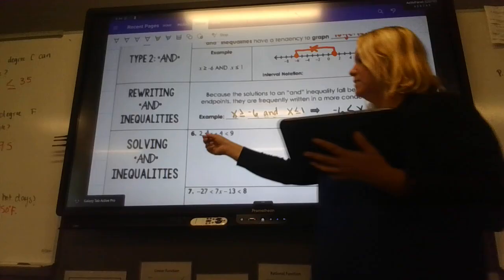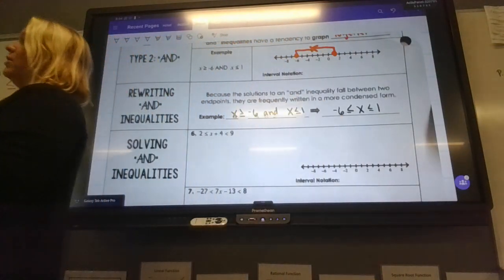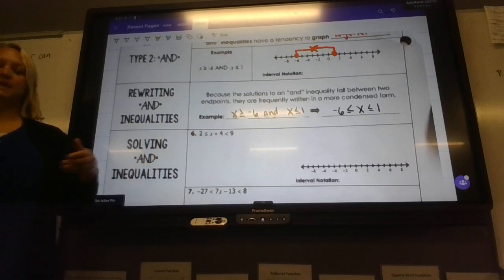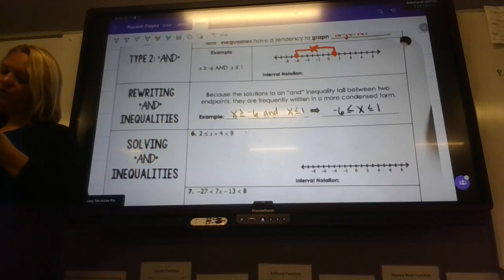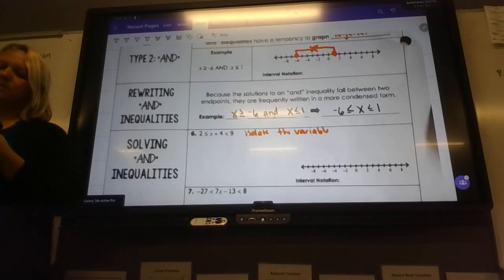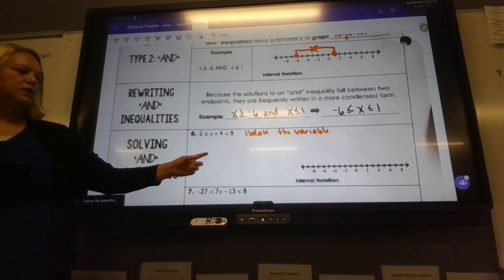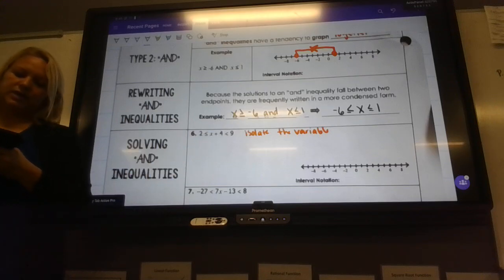Sometimes your inequality will have some mathematical operations in the middle, and you have to isolate X. You have to get the variable alone. So I'm seeing a symbol here, and I'm seeing a symbol here. So we have two symbols.